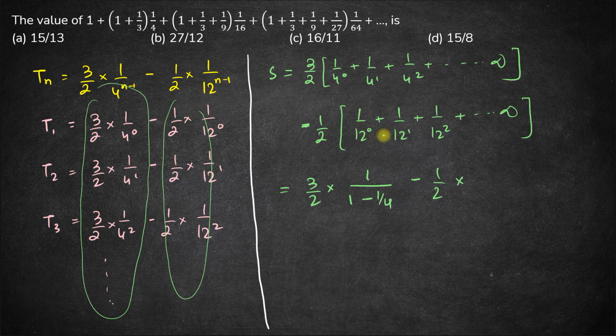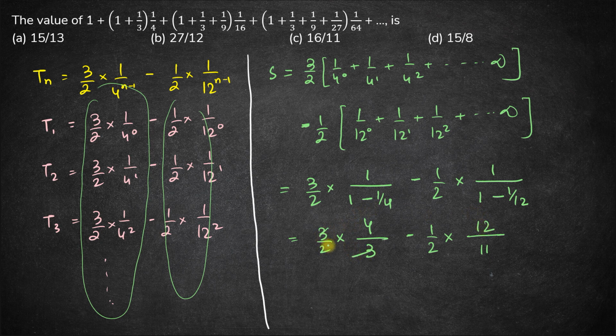Now this is also an infinite series whose first term is again 1 upon 1 minus, the common ratio here is 1 by 12. So this becomes 3 by 2 into 4 minus 1, the denominator is 3 and this 4 goes in the numerator, minus half of, we'll have 12 minus 1, the denominator will be 11 and this 12 will go in the numerator.